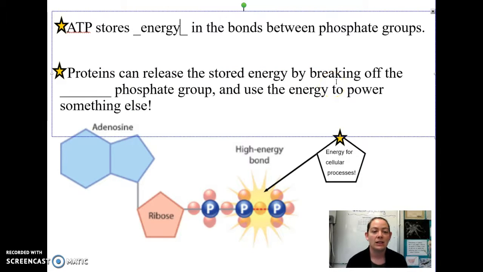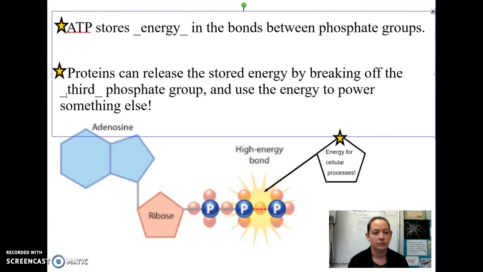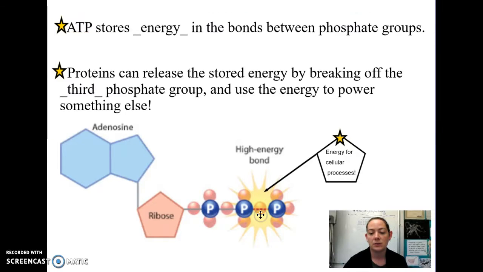Different proteins do different things, and so some of these can use this stored energy by breaking off this 3rd phosphate group. And once they break that off, the energy from that bond can be used by those proteins for doing something else. So I just put here energy for cellular processes, whatever it needs to do.